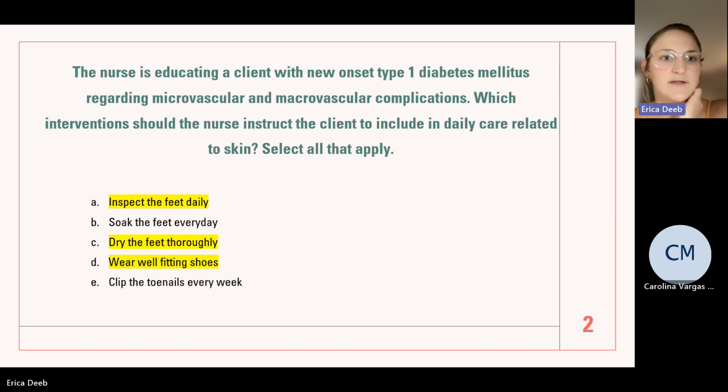So for this one, with any diabetes type 1 and type 2, the feet is going to be a really important topic because of the two complications, microvascular and macrovascular, which you'll learn about in Complex Health 1, but this is having to do with the blood vessels. So in the feet of diabetic clients, a lot of times they lose sensation and have decreased sensation, and they don't realize that they have decreased sensation.